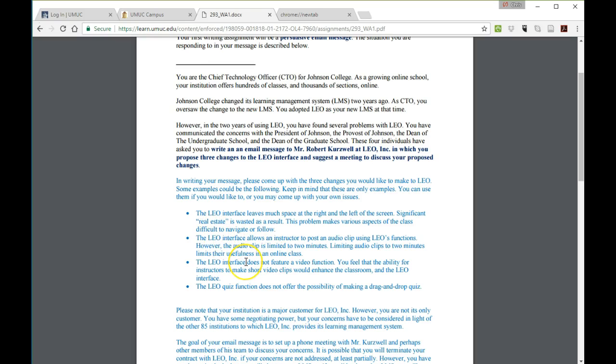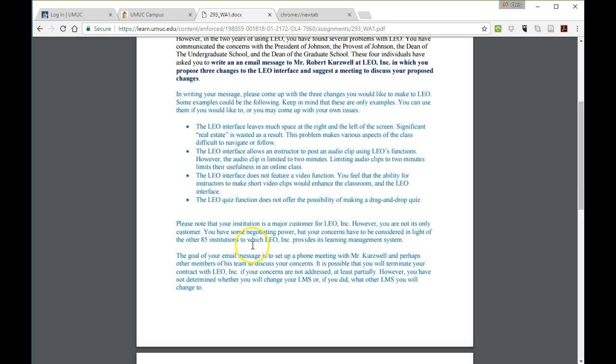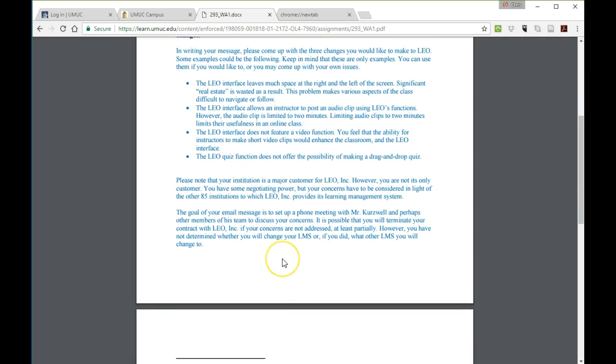State these as solutions. You also might want to say what the problem is, but offering solutions is usually a better way than just complaining basically.